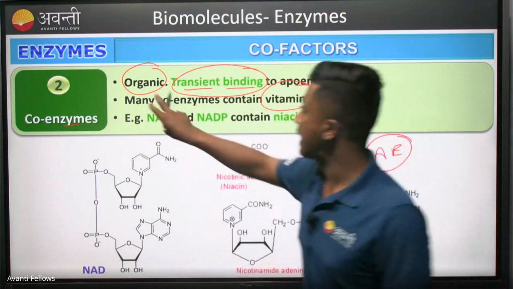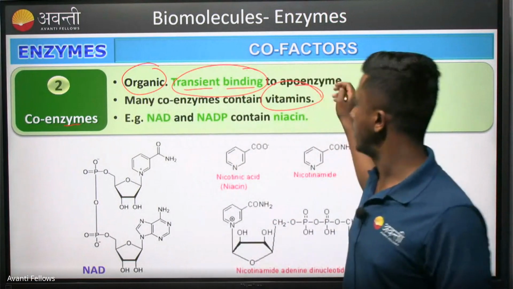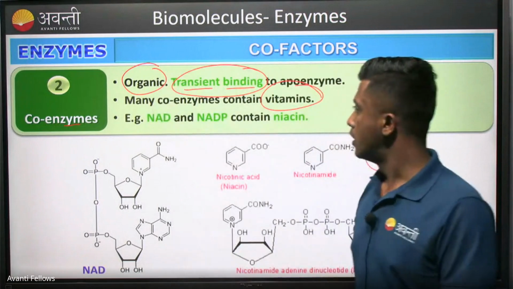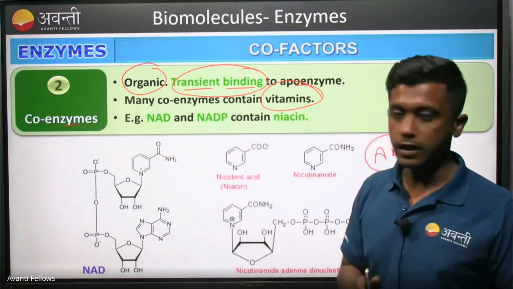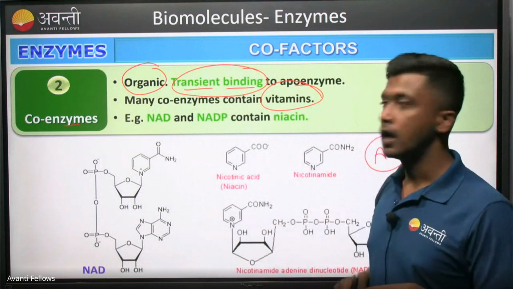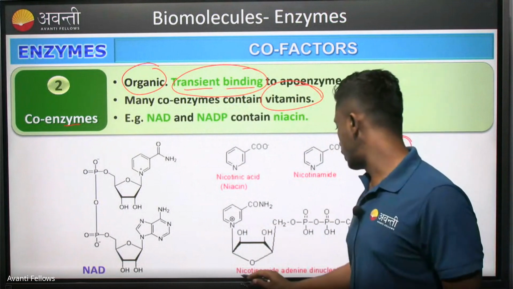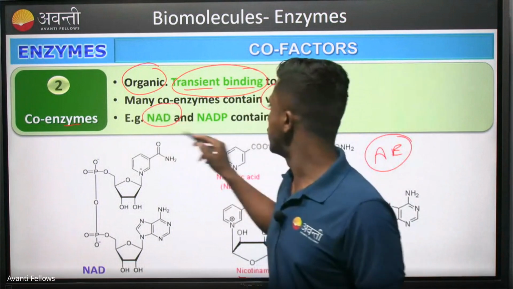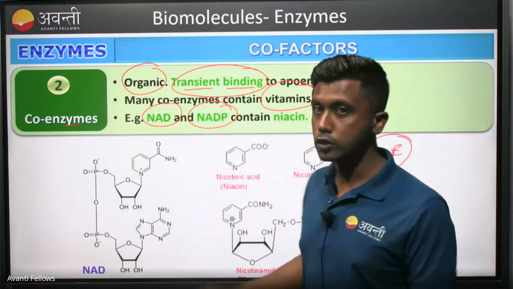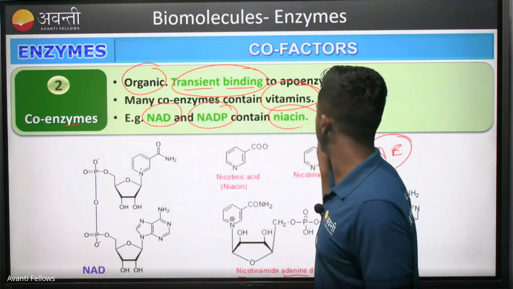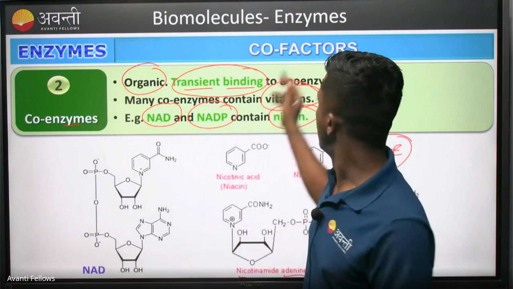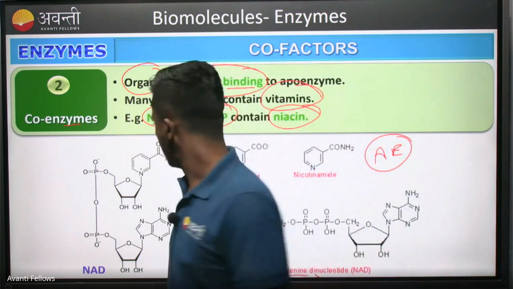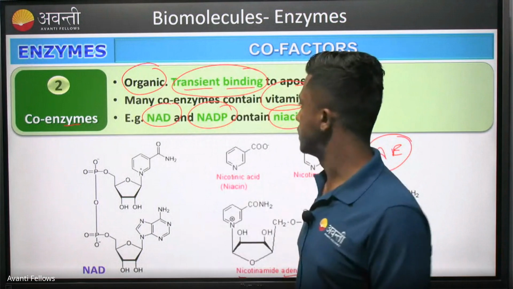It transiently binds to the apoenzyme, which is an organic group called a vitamin, a coenzyme. For example, you have nicotinamide adenine dinucleotide, NAD, and then you have NADP. Both of these contain niacin as the cofactor. So these are cofactors which are vitamins.